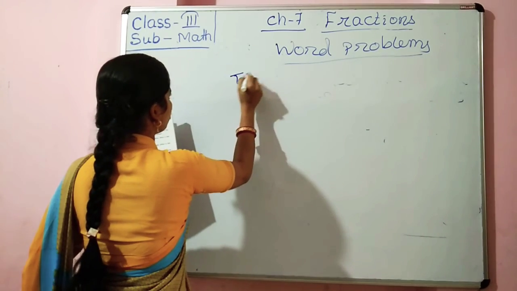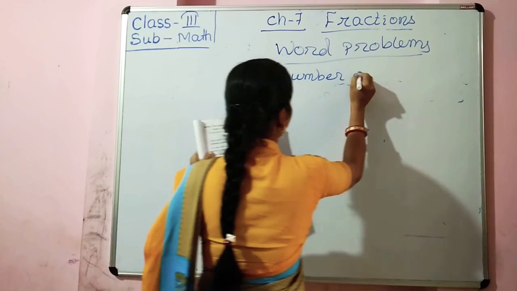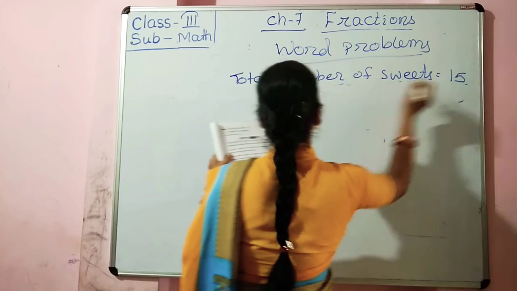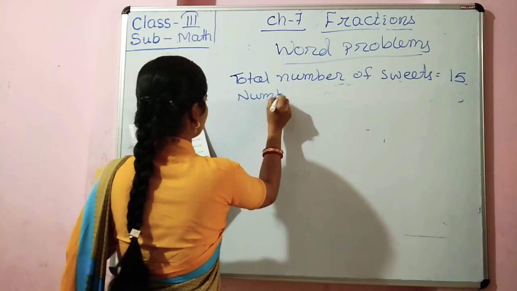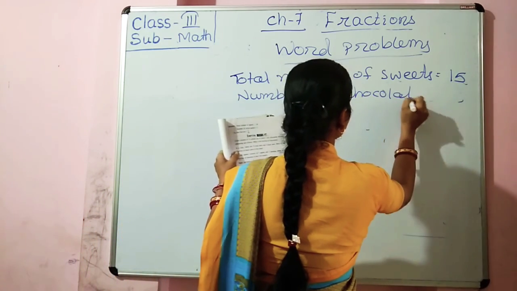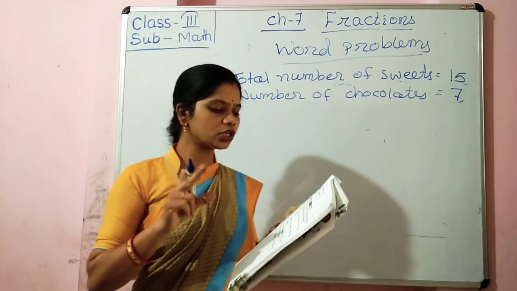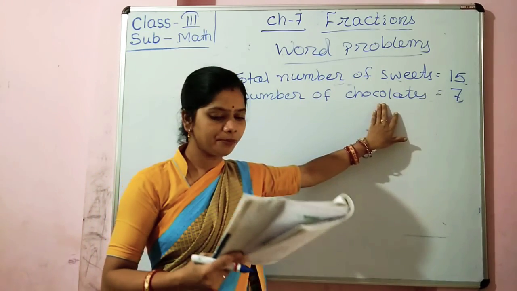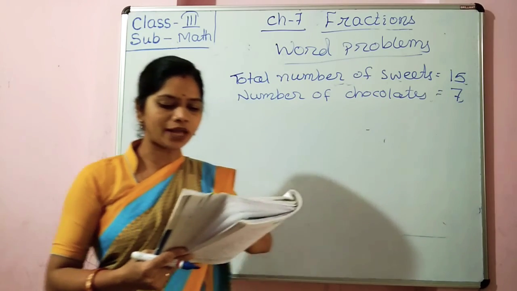We write the total number of sweets is equal to 15. The number of chocolates is 7.